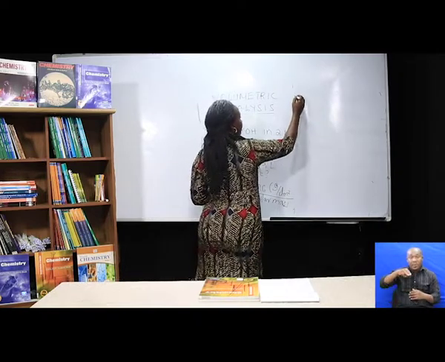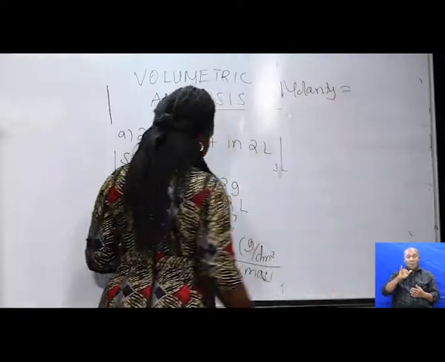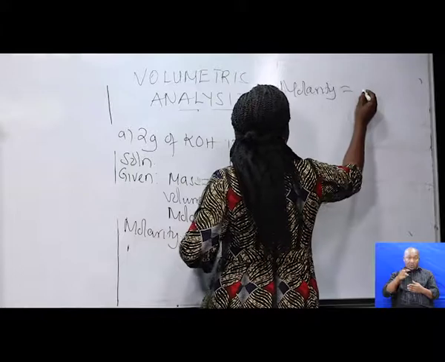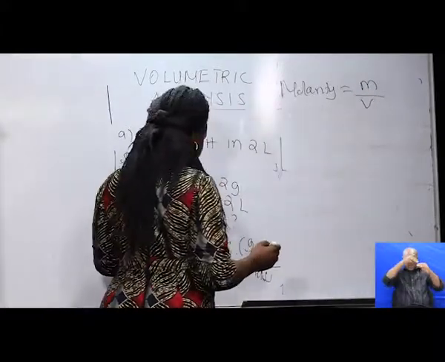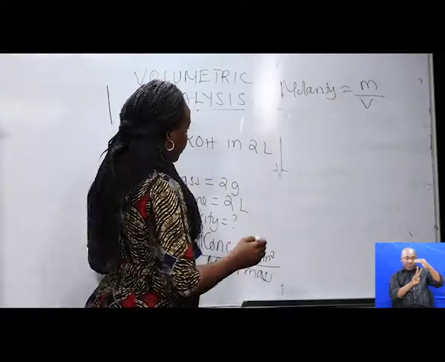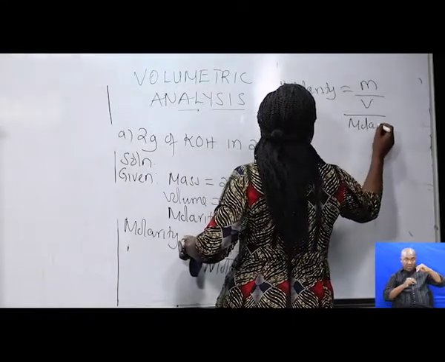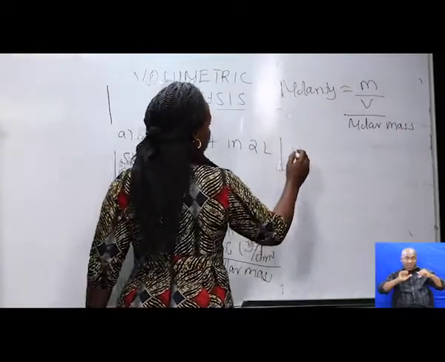Molarity can also be given as concentration, which is equal to mass over volume, divided by molar mass. Then what is mass over volume?